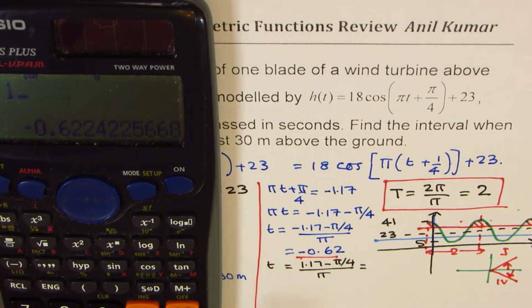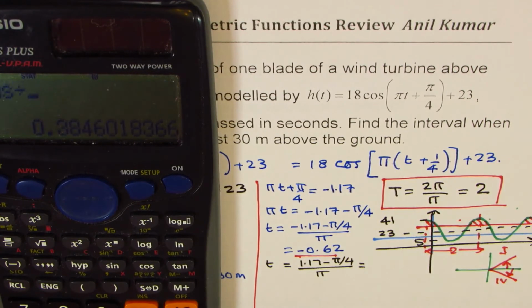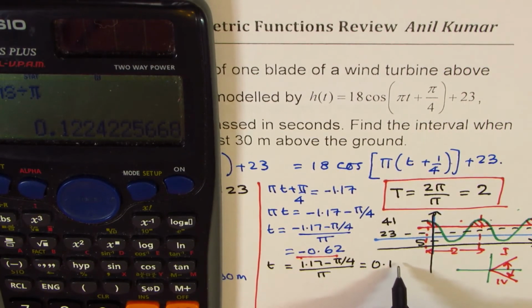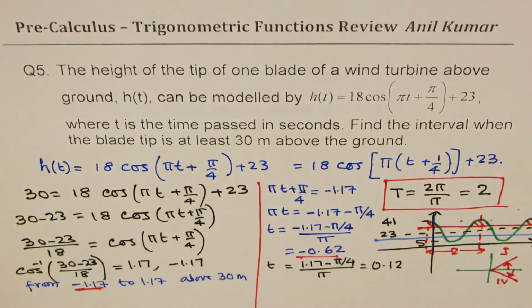So it is 1.17 minus pi divided by 4, and then we'll divide this by pi and we get 0.12, let's say. Okay, we get 0.12. Okay, so that's what we get.